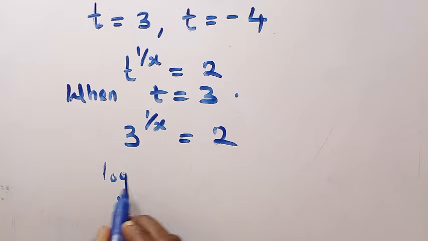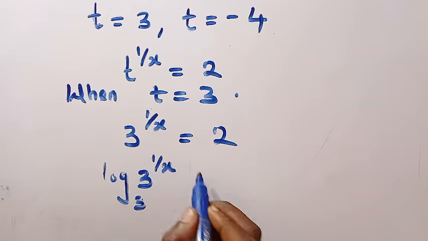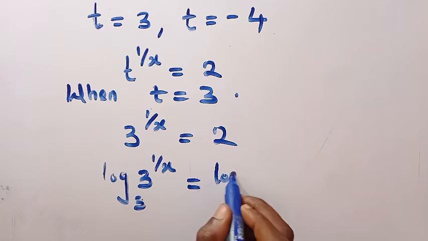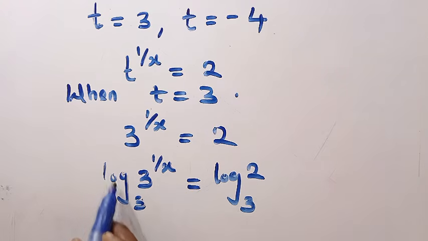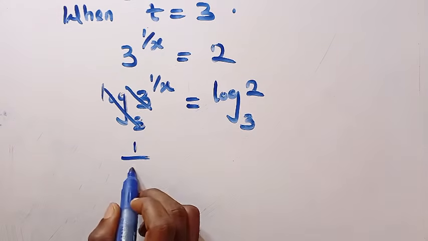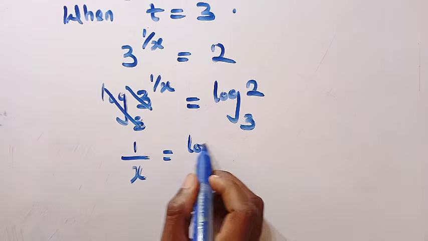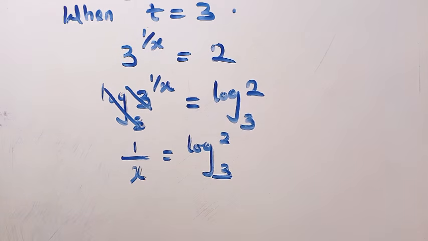Here we have log base 3 of 3 raised to the power 1 over x equals log base 3 of 2. For log of the same base equals 1, on this side we are going to have 1 over x equals log of 2 base 3.